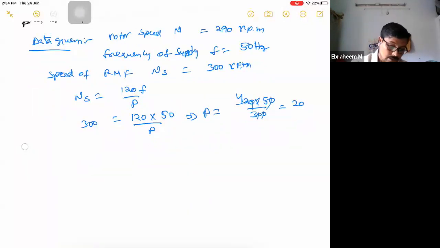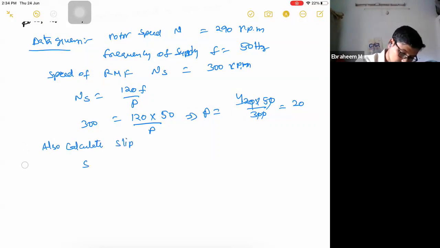Now slip also you can calculate. Slip is equal to (Ns minus N) by Ns. That is 300 minus rotor speed 290 divided by 300.